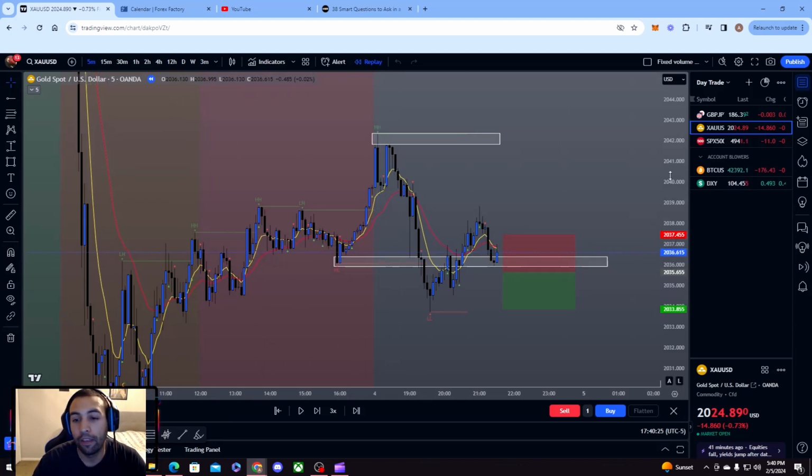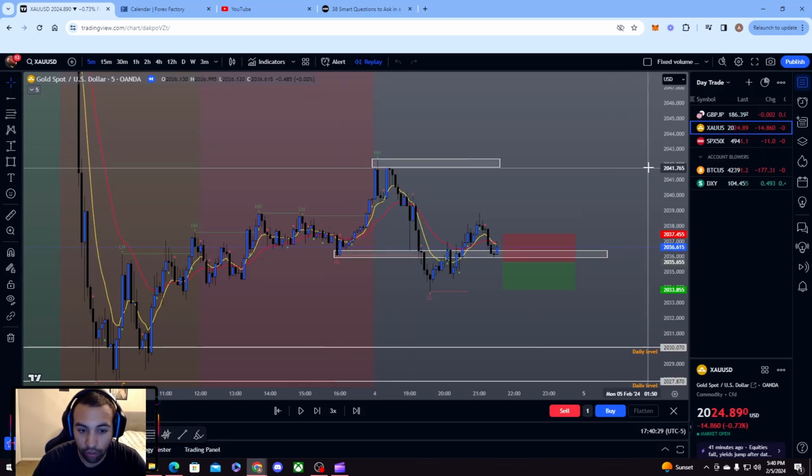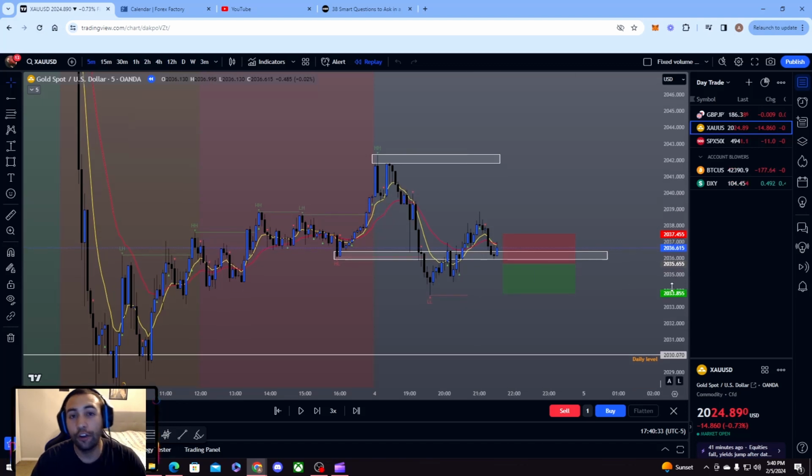Okay, so again, I got my low, higher low and then higher high. I marked those levels out. That's an area of interest for me, right? And again, I follow my EMAs.